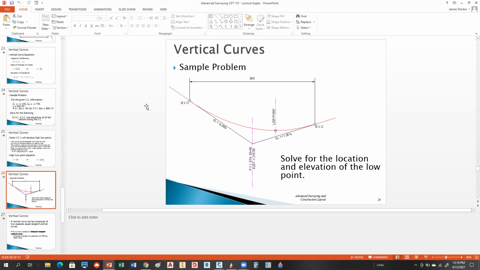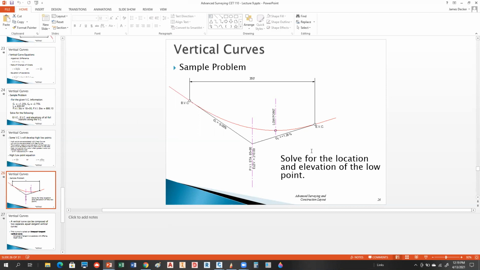So we're given 210, it looks like, and 8580. So what we're going to do is solve the location and the elevation. And notice it says that we have a low point there. So does everybody see what I'm getting at there?